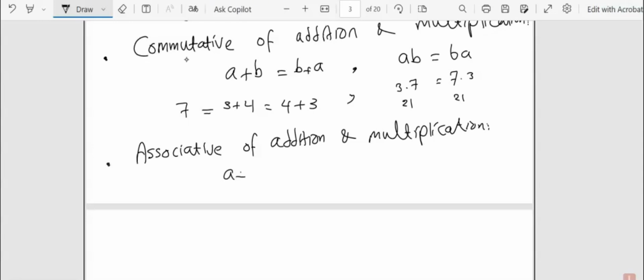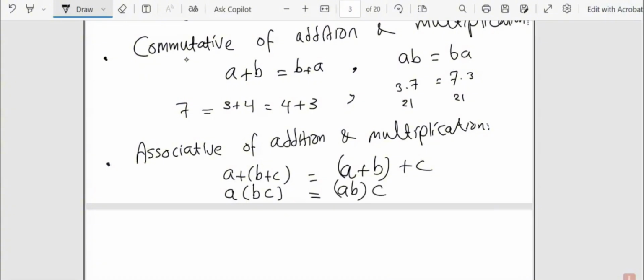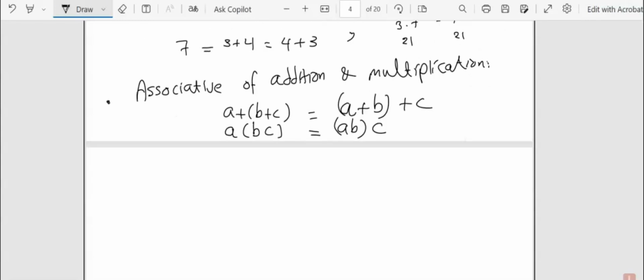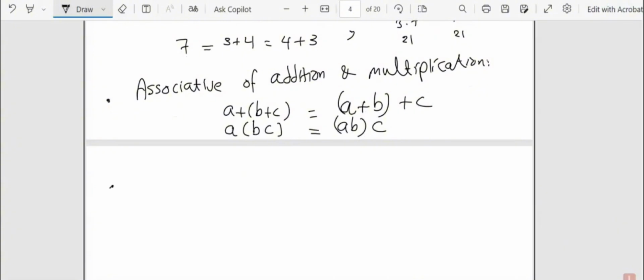So a plus b plus c is equal to first adding a to b and then adding c. We know that by heart. Also a multiplied by bc is the same as multiplying a and b first and then multiplying c. So please check that these are the things that come intuitively for you.